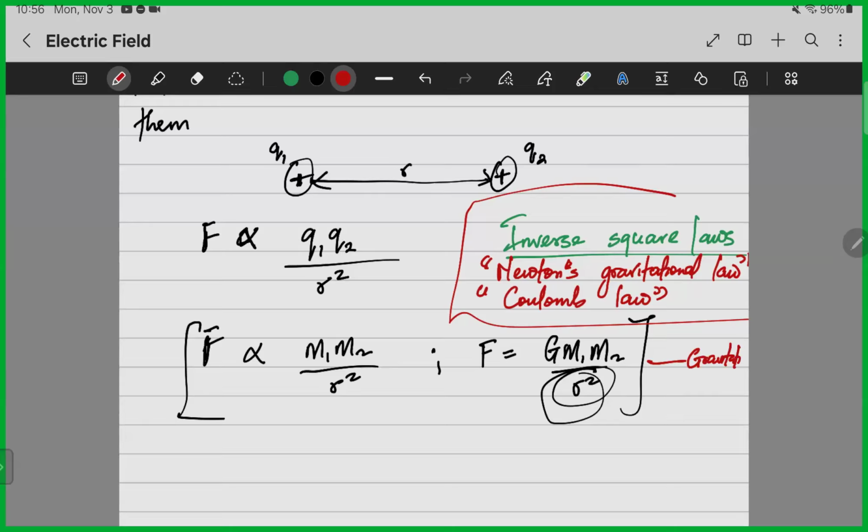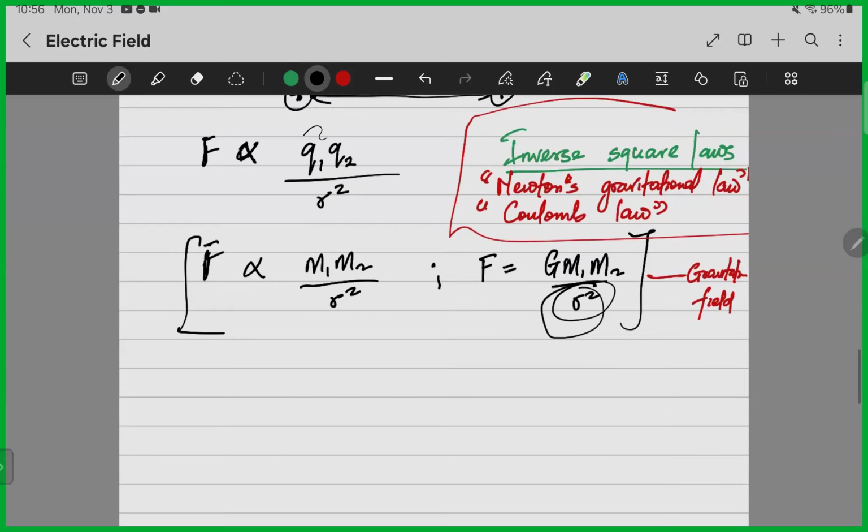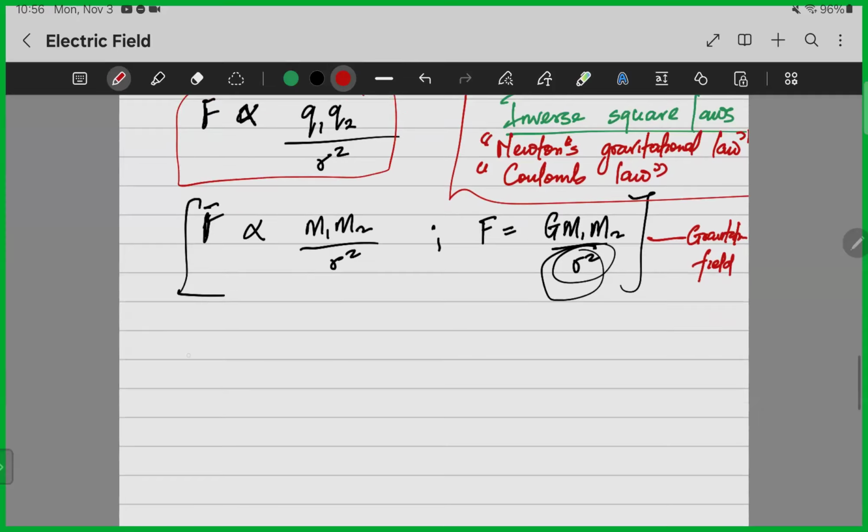Now we are dealing with the electric field, and we have established that the force is directly proportional to the product of the two charges and inversely proportional to the square of the distance between them.